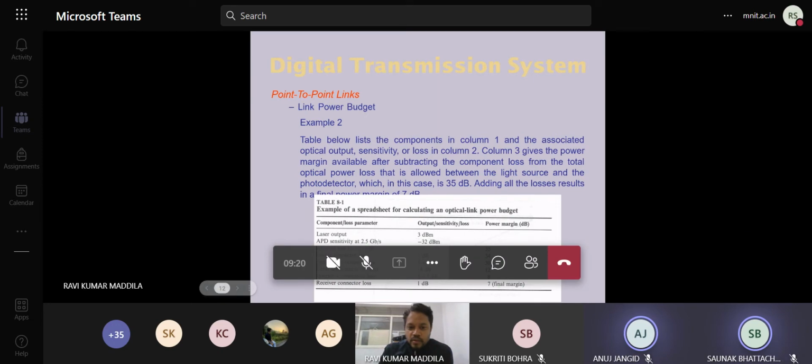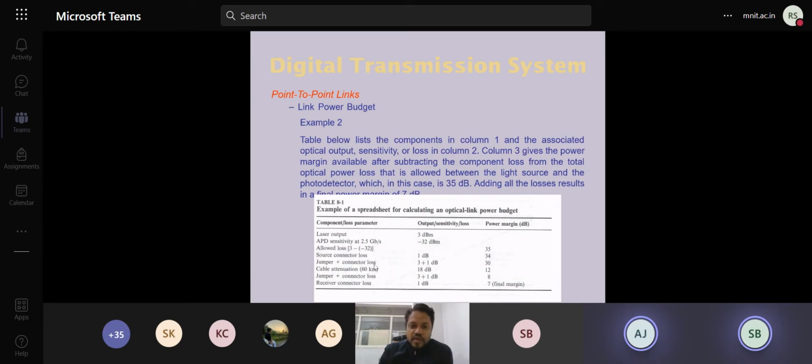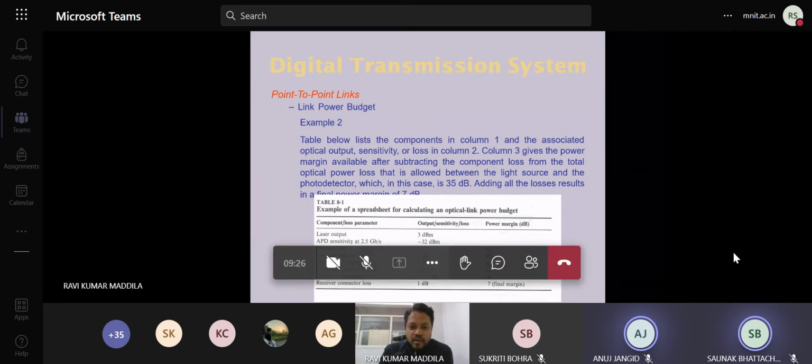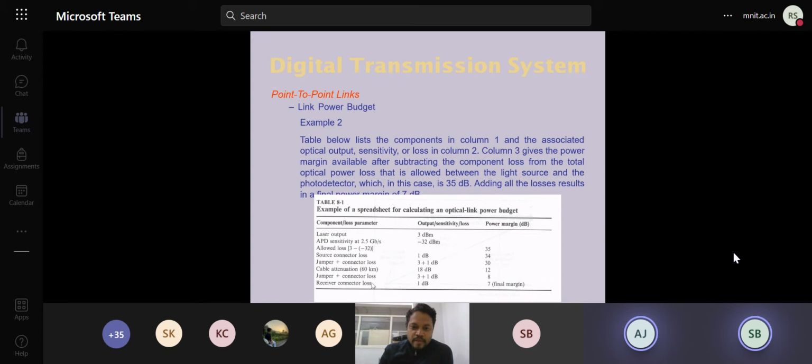One end is probably the source end, and the other end is probably the receiver end. So that is the reason the jumper is not being considered with two connectors. This is the same as what we had discussed yesterday.